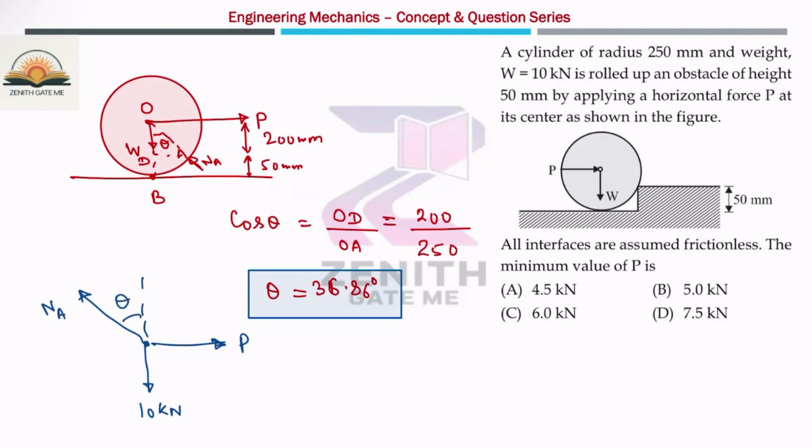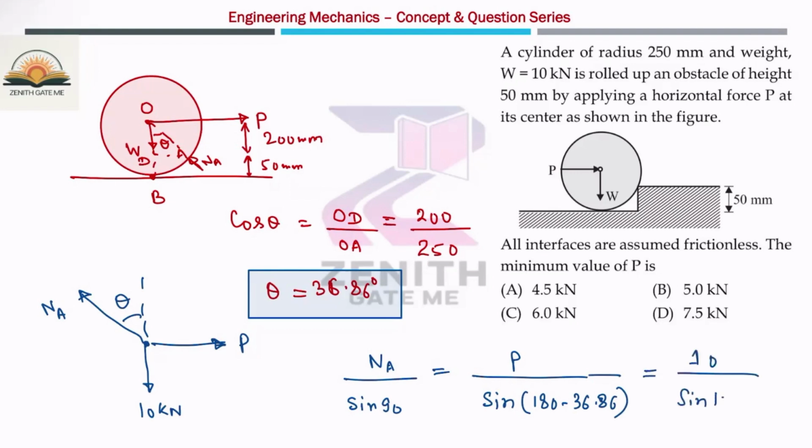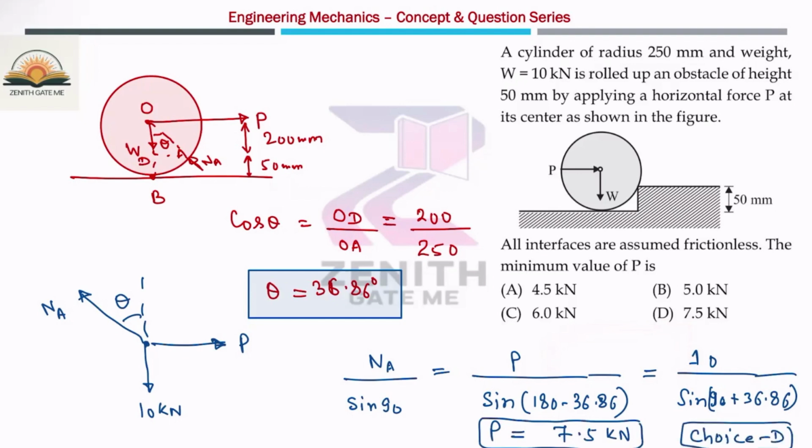If you use Lami's theorem, NA divided by sine of 90 is equal to P divided by sine of 180 minus 36.86, which is equal to 10 divided by sine of 90 plus 36.86. From here you will get the value of P. Just equate these terms. You will get the P value as 7.5 kilonewton. So what will be the correct answer for this question? Option D is the correct answer.